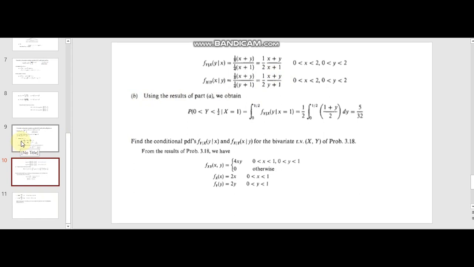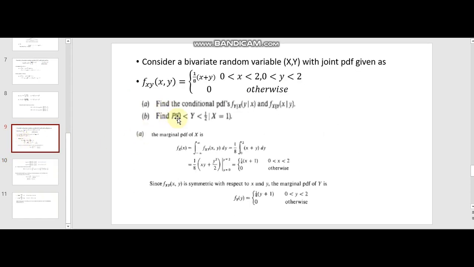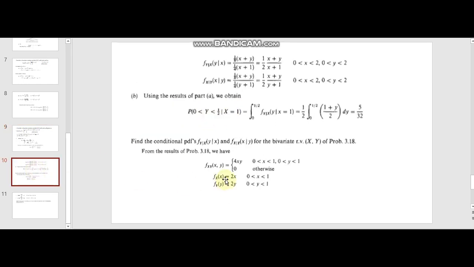Next, in part b, we have to find the probability of y when it is greater than 0 and less than 1 by 2, given x is equal to 1. So x is equal to 1, which is given, so I will integrate this conditional pdf of y from 0 to 1 by 2 when x is equal to 1.